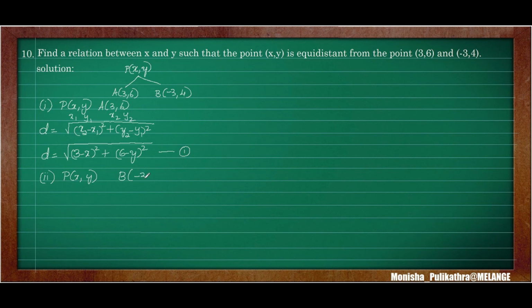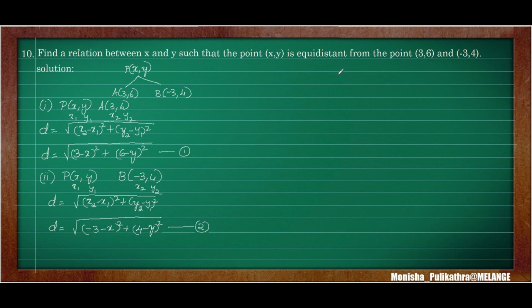So B is minus 3 comma 4. So here this is x1 y1 and this is x2 y2. So apply the distance formula, d is equal to square root of x2 minus x1 whole square plus y2 minus y1 whole square. So d is equal to square root of x2 is minus 3 minus x whole square plus 4 minus y whole square. So let this be equation number 2.